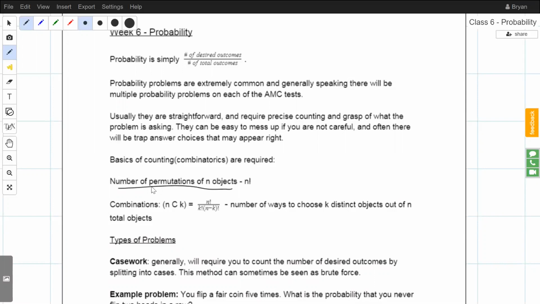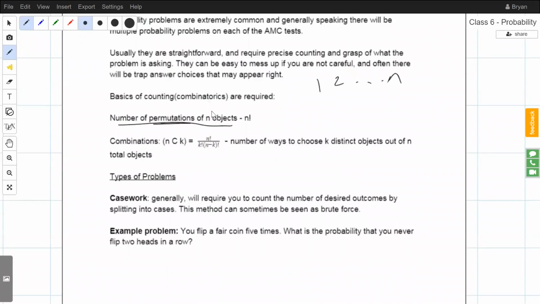A permutation is the number of ways you can put the objects in order, as in if you have the numbers 1 through n and you want to put them into boxes in a row. We'll also go into this when we do the problem, so it's fine if you don't completely understand for now. It's n factorial, which is n times n minus 1 times n minus 2, all the way to 1.